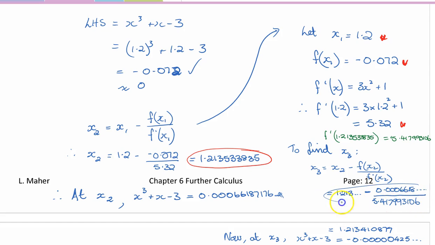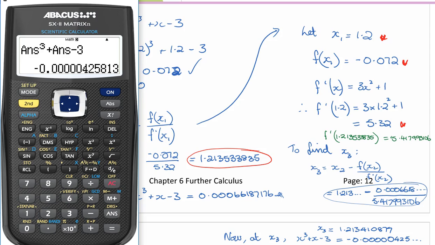When you do this calculation you get your new x3 value, and I now test at x3. This is closer, certainly closer than 1.2. My second was 1.2135. Now I'm saying 1.213410877.